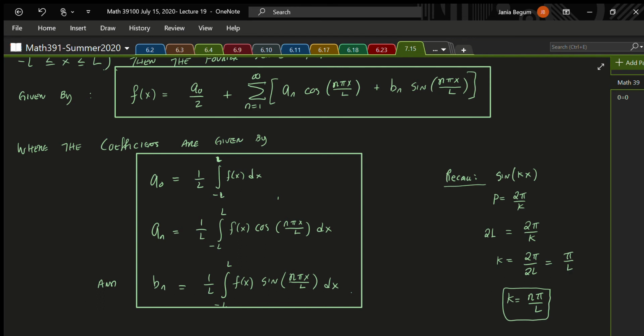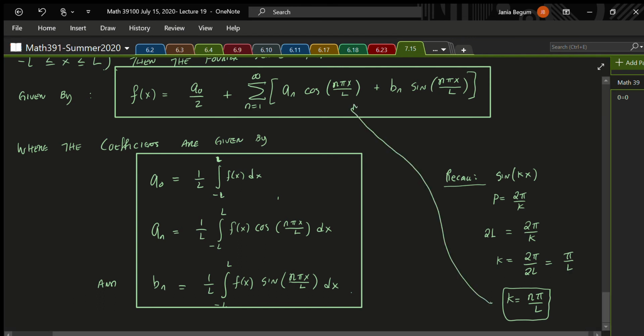So that's where the K value, n pi over L times x, comes from, and then we have sine n pi x over L. That's where these unknown weird looking variables are coming from. That's just one illustration to convince you where these things are coming from.